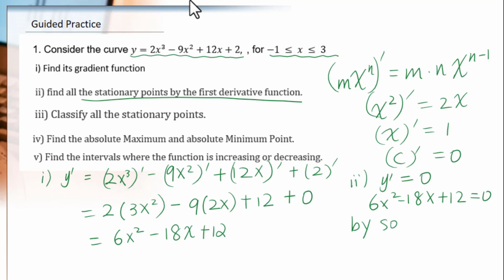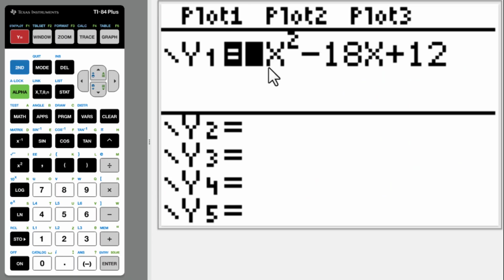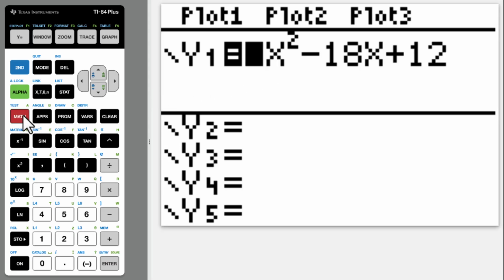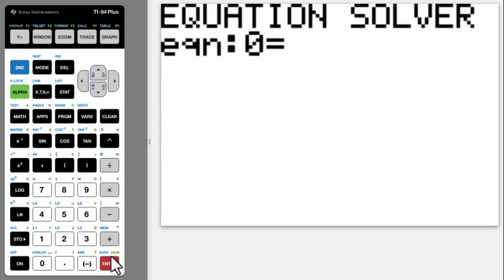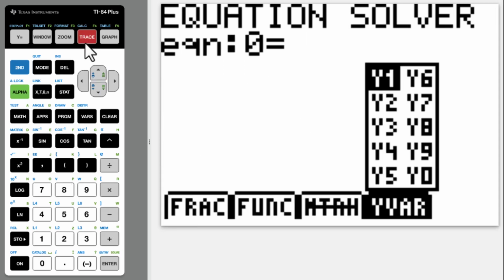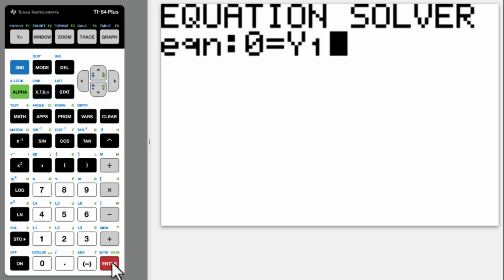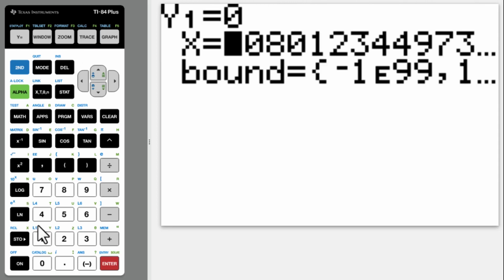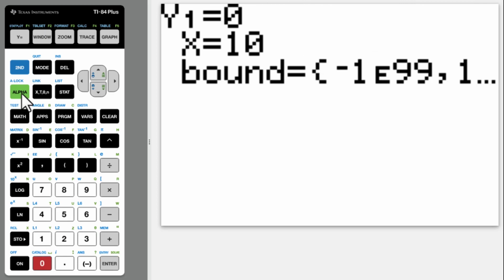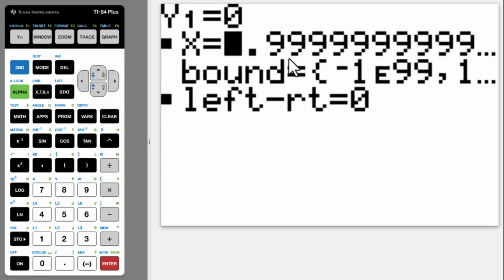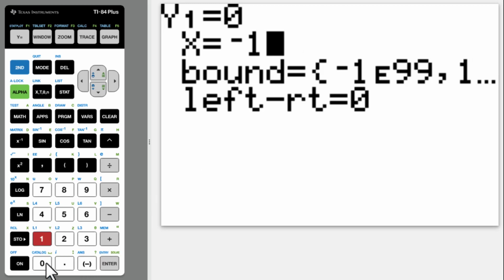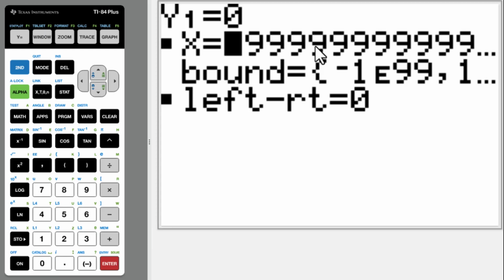By solver, put the derivative function into y1, math, up arrow, solver, alpha trace, y1, enter, put a 10 as the estimated value, alpha, enter. Answer is 2. Then -10, alpha, enter. Answer is 1.